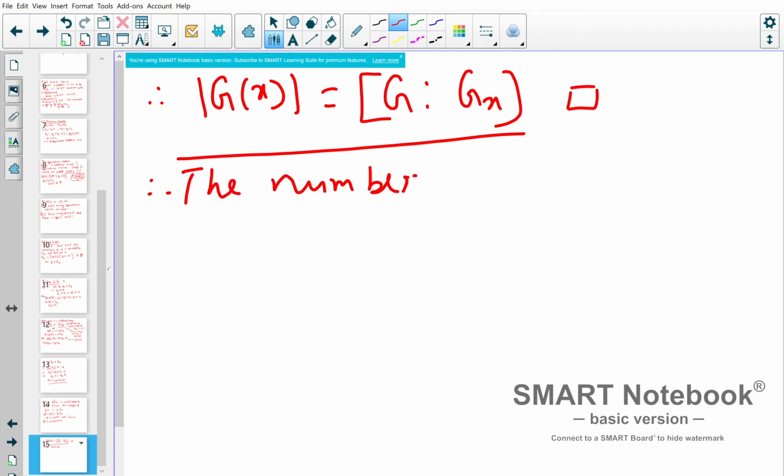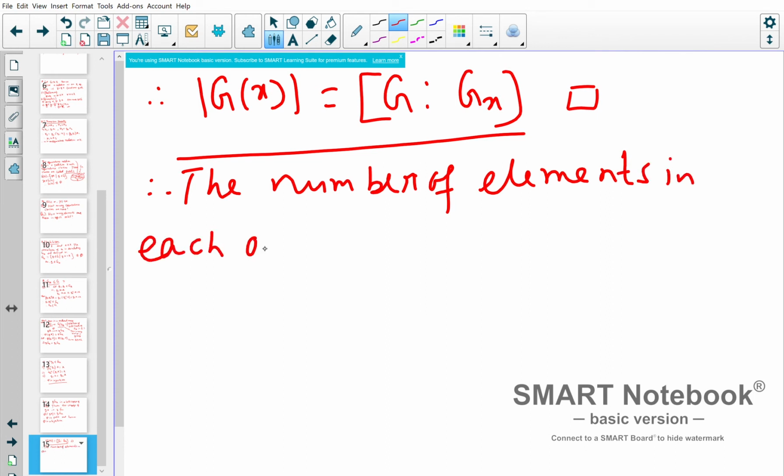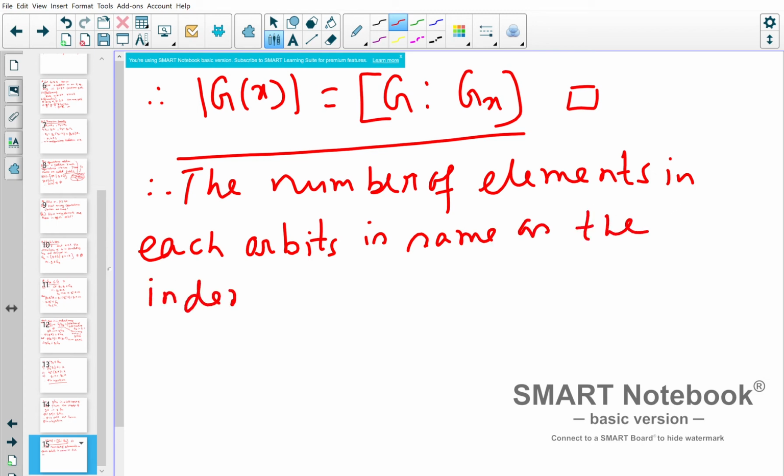Thus the number of elements in each orbit is the same as the index of the stabilizer.